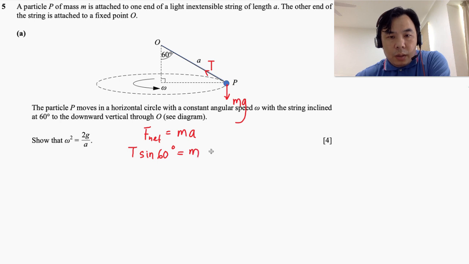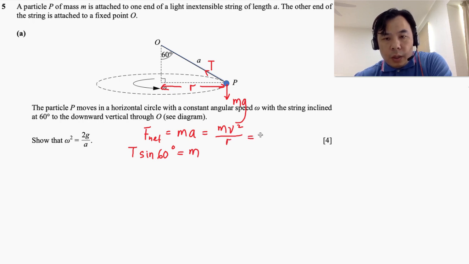For acceleration in circular motion, there are two formulas we can use: either mv square over r, or r omega square.